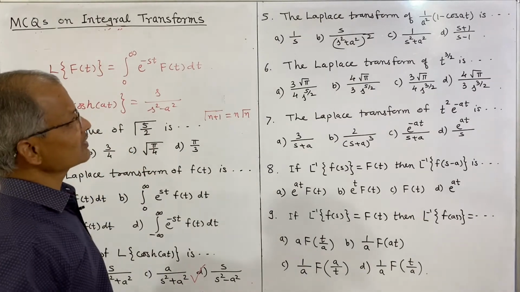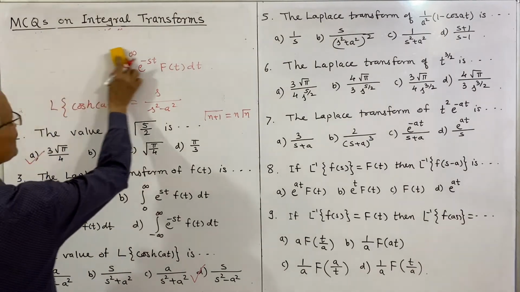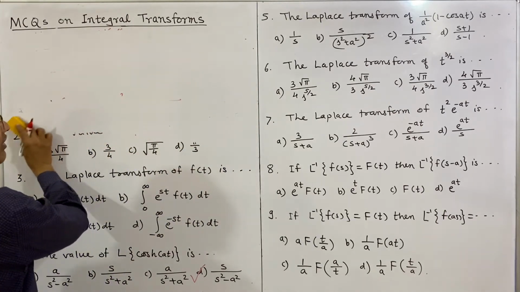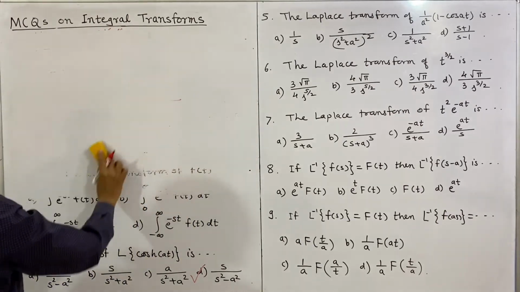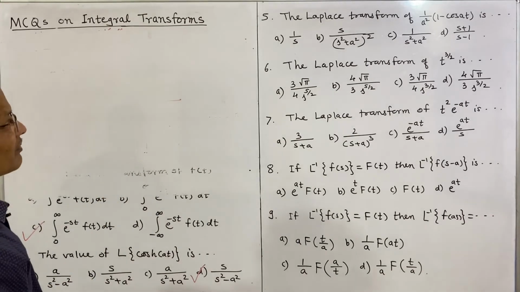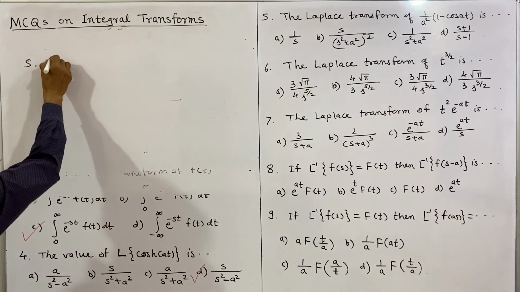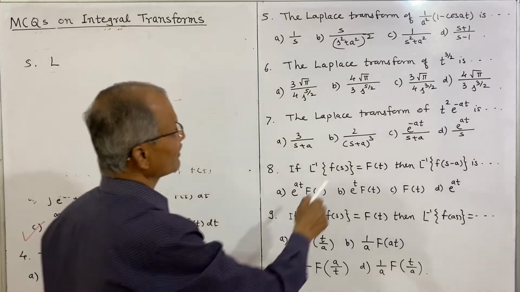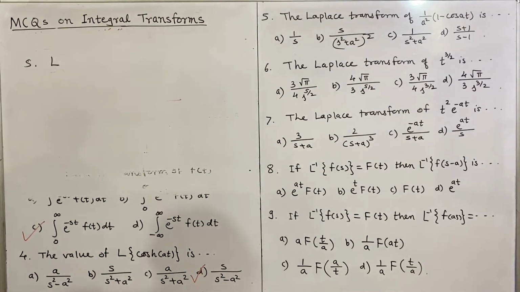Next is the Laplace transform of 1 over a square into 1 minus cos at. For that purpose, we can use the linearity property of Laplace transform. Here a square is a constant, so it may be written outside the transform.